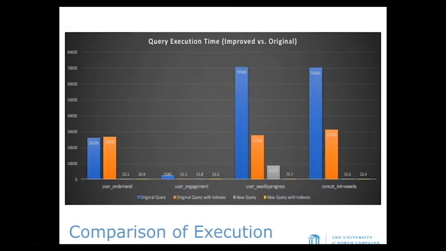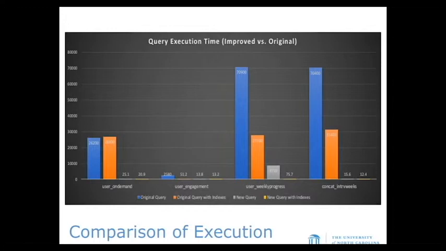The gray bar is the new query without index, and if we index the columns for the new query, the execution time will be very short, as little as 10 to 20 milliseconds.